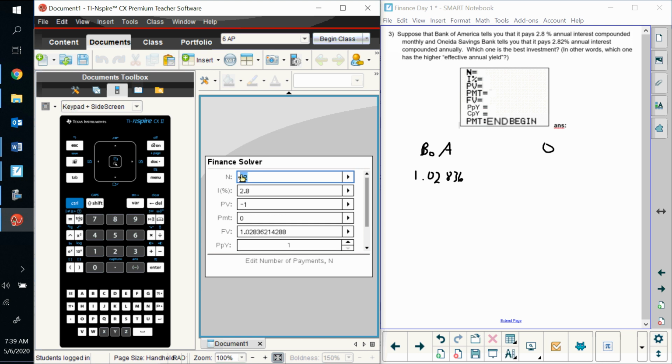Well, if we're doing it annually, there's only one compound in the year. We'll delete that out because we're going to find that. Or sorry, no, they told us it was 2.8 for that. Again, we're going to pay $1. And now the final value is what we want to find out. So when we hit enter there, we get 1.0282.